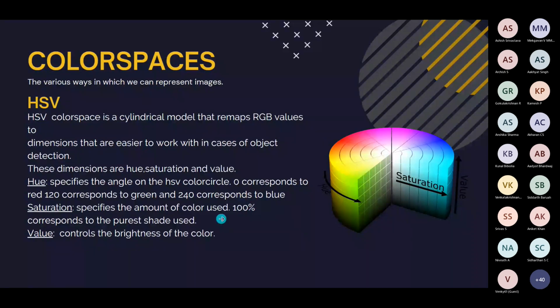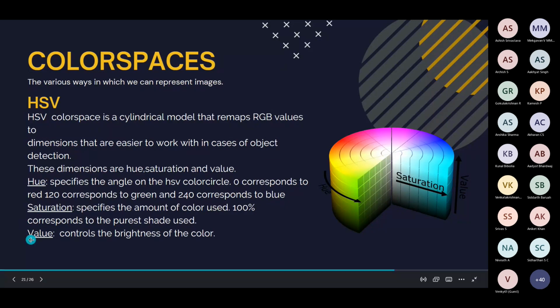But it is a very useful color space when it comes to object detection and image classification. This color space also has 3 channels, and those 3 channels are hue, saturation, and the third one is called value.